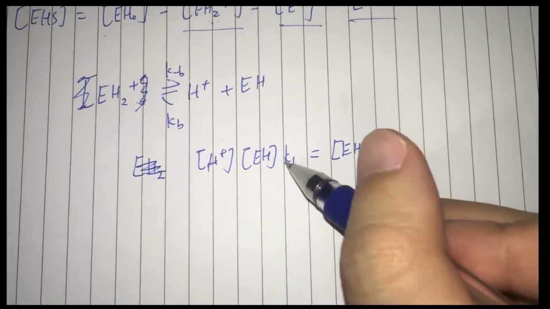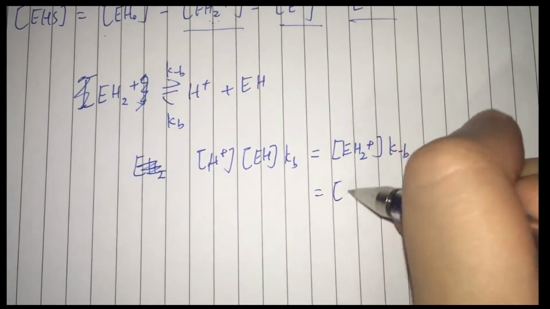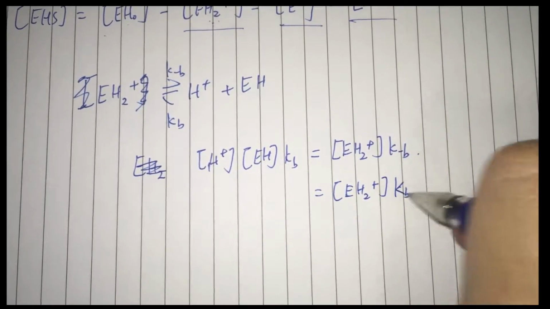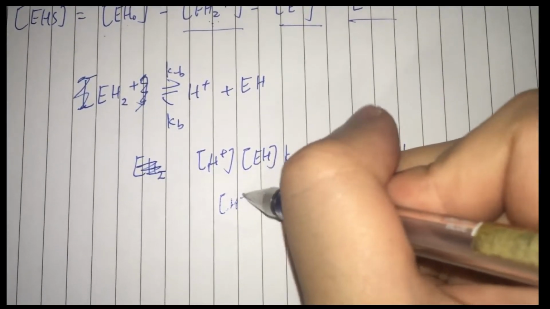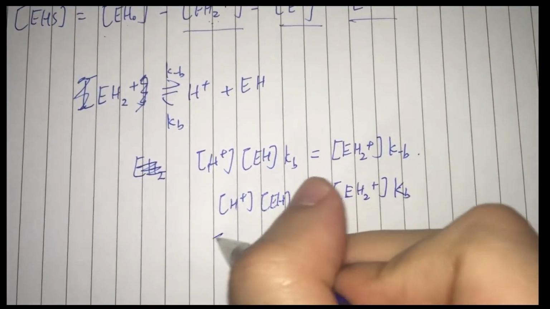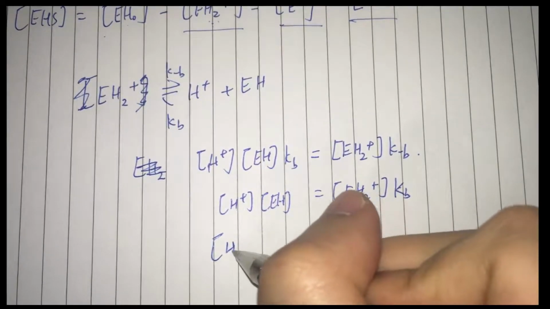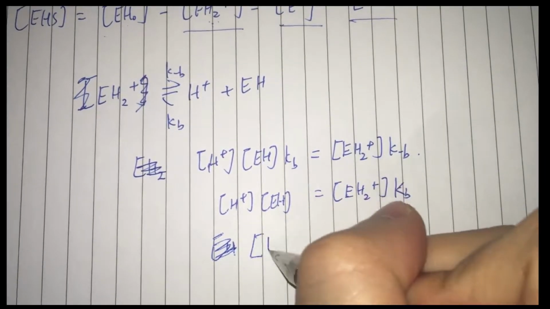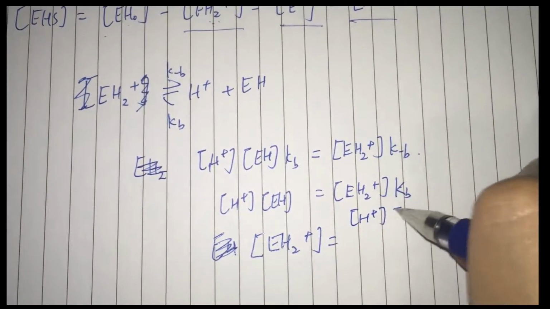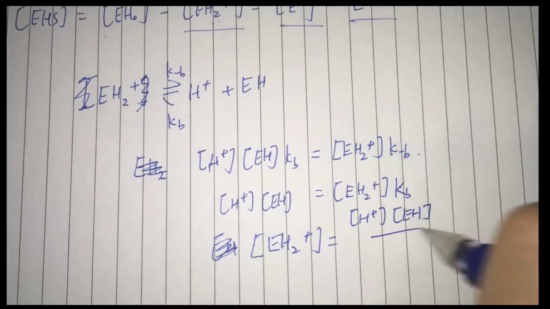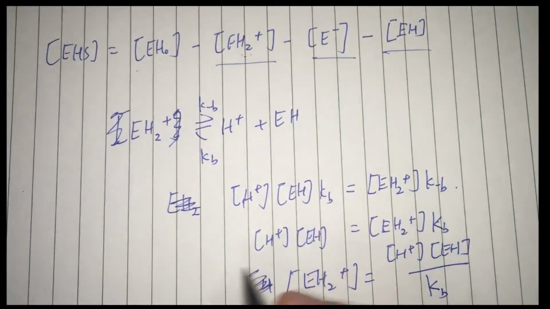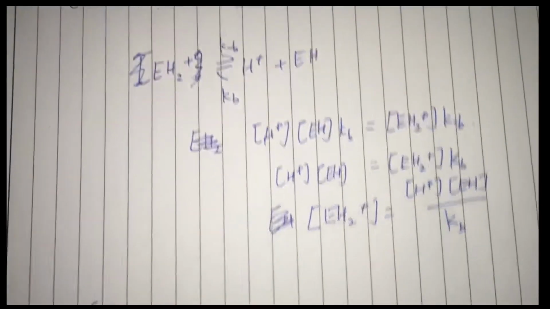Okay, so I'm going to bring this over. I'm going to write a big Kb. I'll write the H plus and the EH here. And you have this EH2 plus equals the H plus and the EH over big Kb. Okay, so we can substitute this back into our first equation.